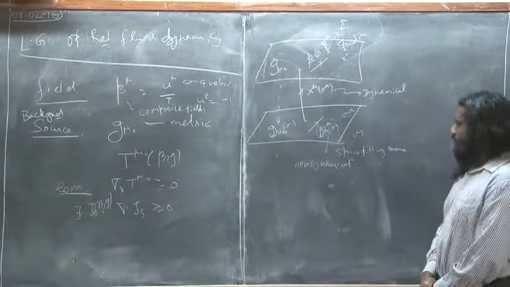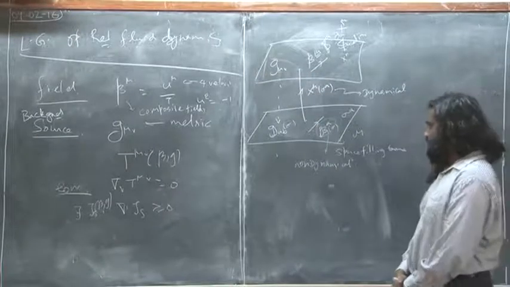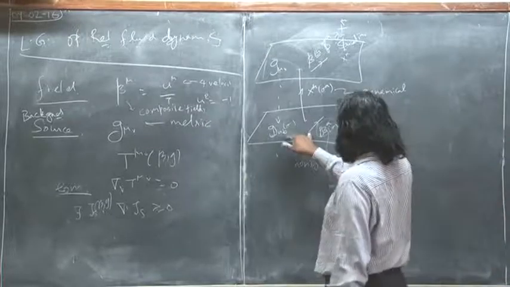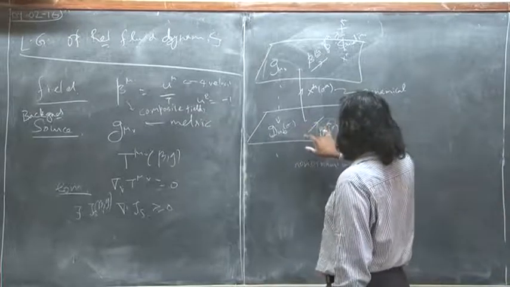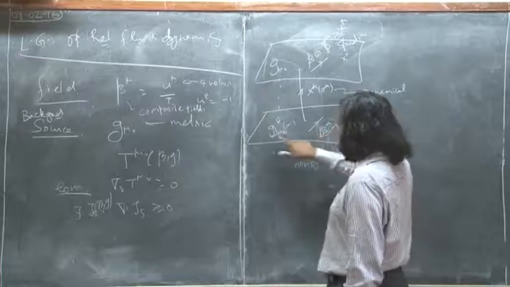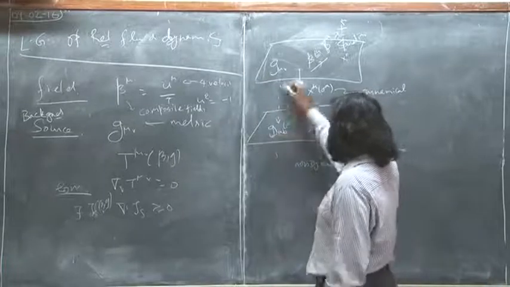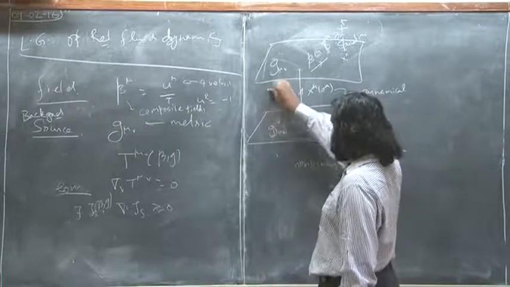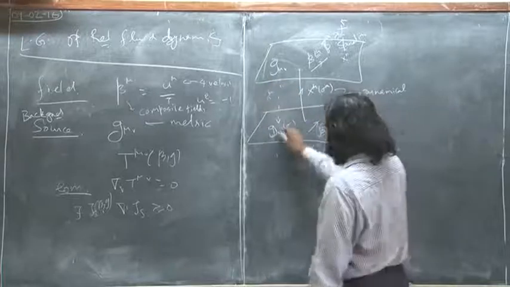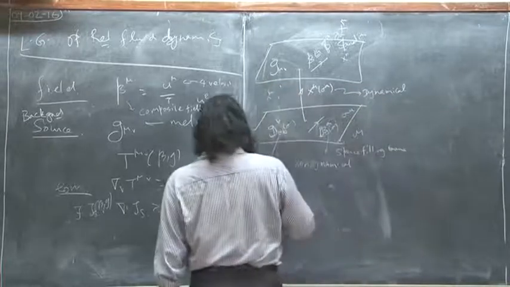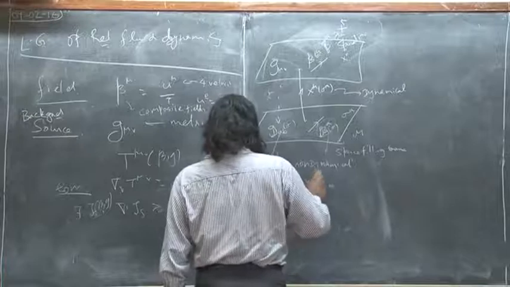Or often it is also convenient to just work within M, in which case you think of beta A as the fixed field and G AB as dynamical, because G AB also involves the x mu. So this G AB is just G mu nu del A x mu del B x nu.